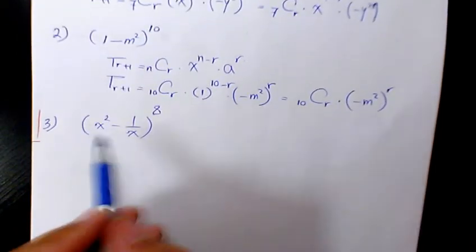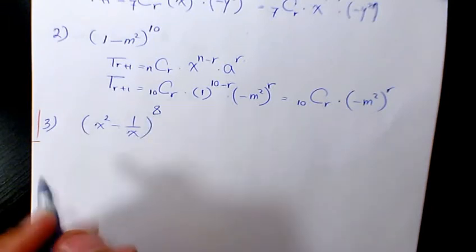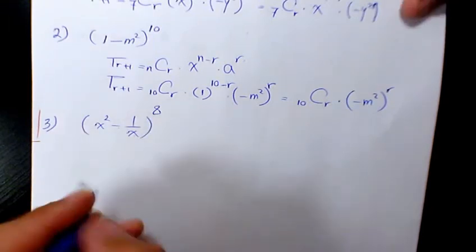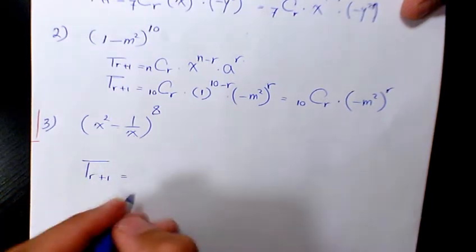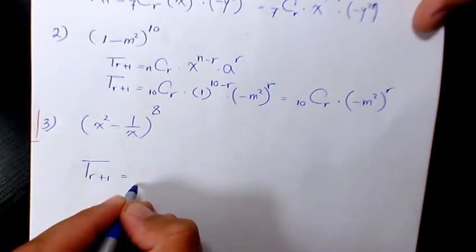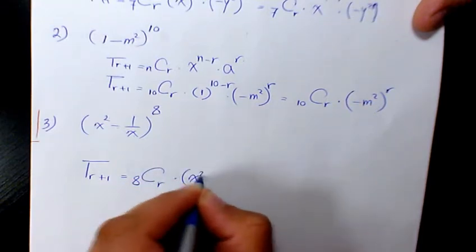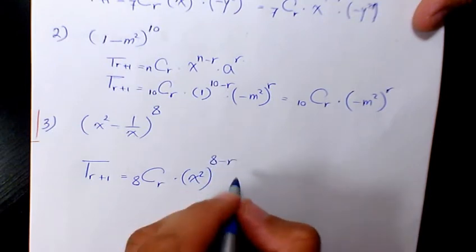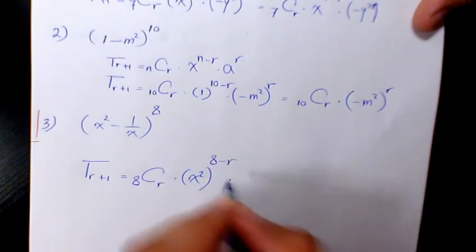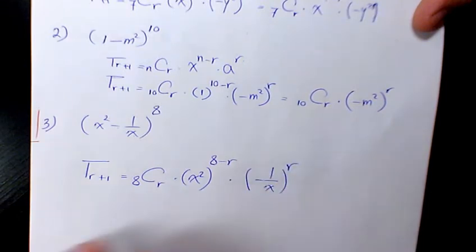Next one, (x^2 - 1/x)^8. When you want to do it, I'm going to say t_(r+1) equals 8Cr times (x^2)^(8-r) times (-1/x)^r.